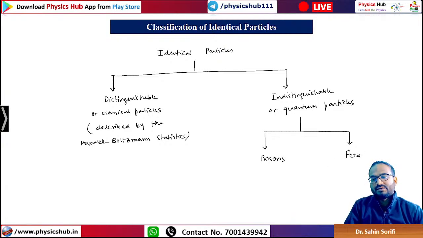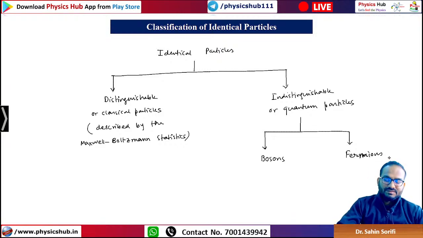If they are bosons, they will follow Bose-Einstein statistics. And if they are fermions, they will follow Fermi-Dirac statistics. So, we will discuss these three statistics one by one. Firstly, we will start with the classical statistics, Maxwell-Boltzmann statistics.